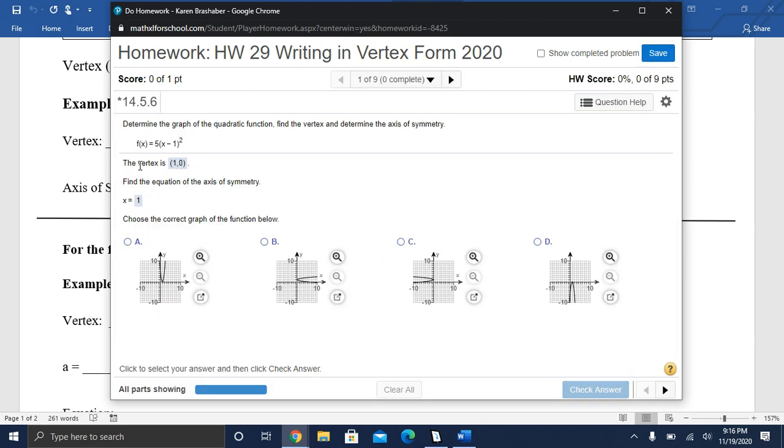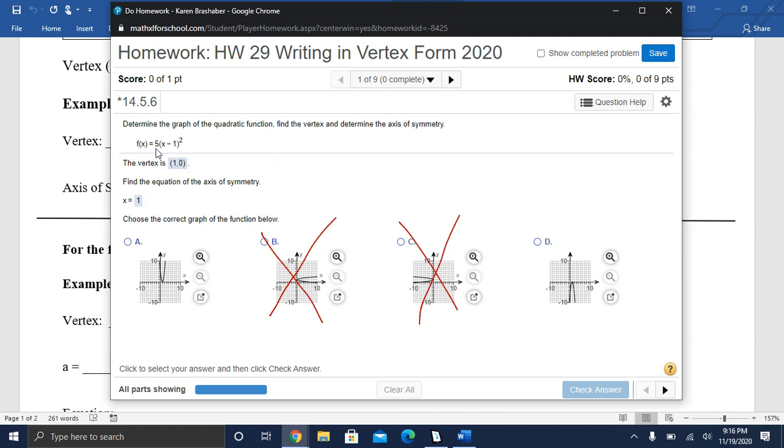Now, these are all going to be functions, so you can throw out any sideways graphs. We're not going to be looking at parabolas that are going sideways. And then you just need to remember a couple of things.